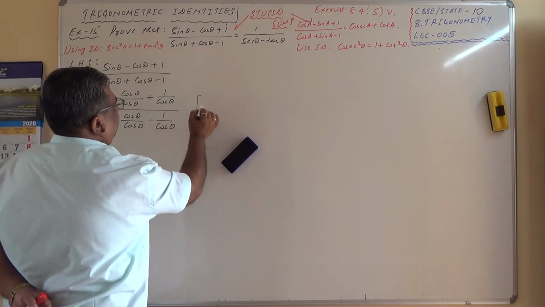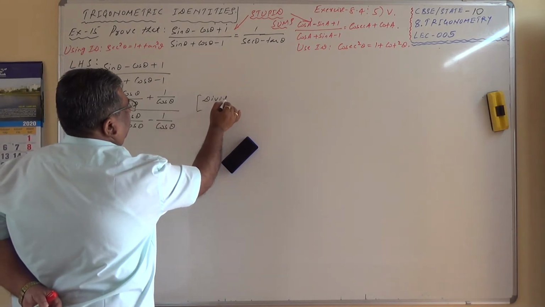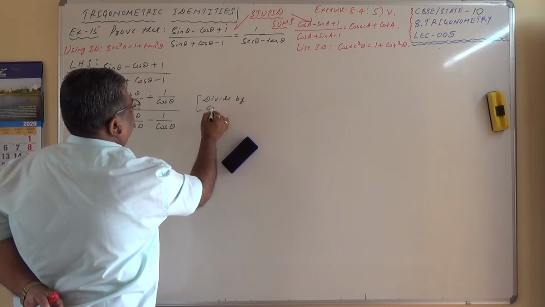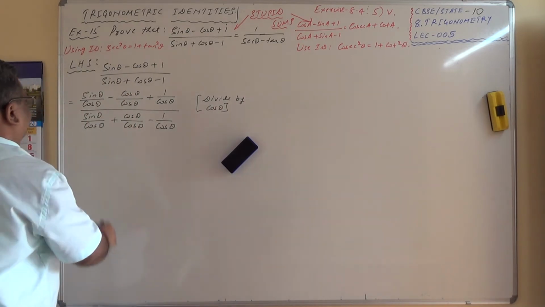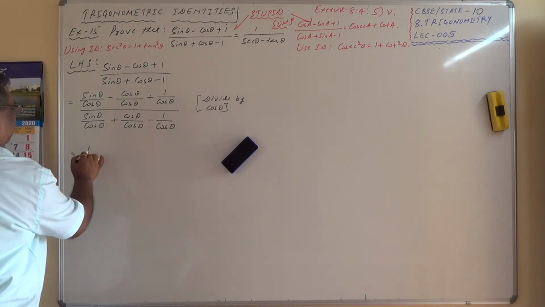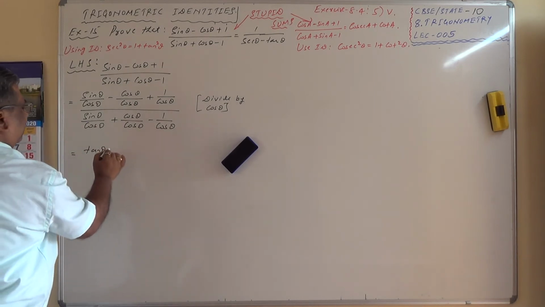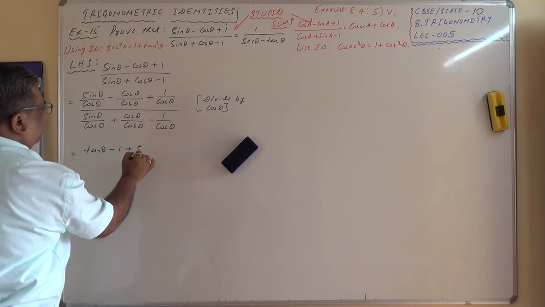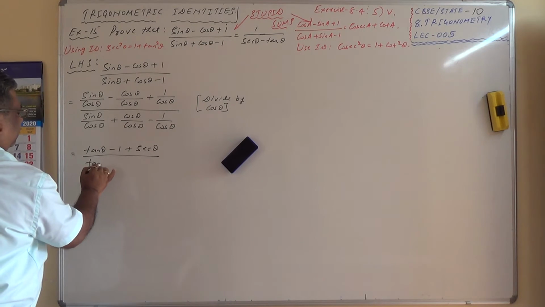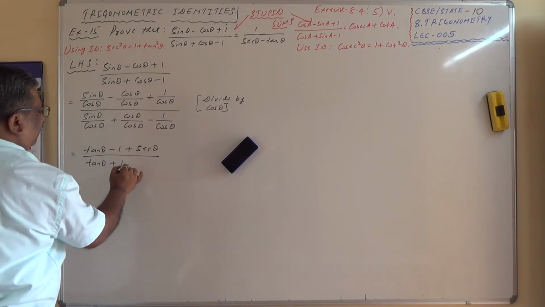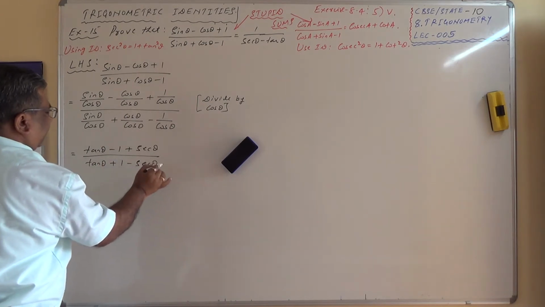Reason: divide by cos theta, both the numerator and denominator, which equals (tan theta minus 1 plus secant theta) divided by (tan theta plus 1 minus secant theta).